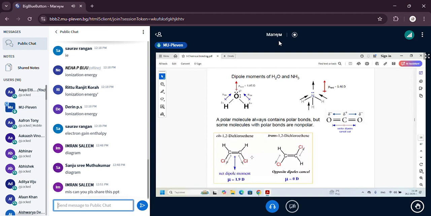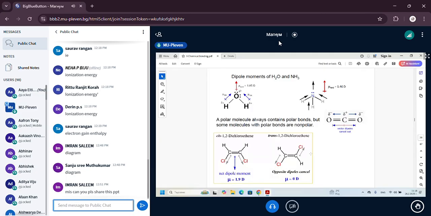So, the cis isomer possesses a polar molecule because it possesses a dipole moment. But the trans isomer, in which opposite dipoles are cancelled, is not a polar molecule.